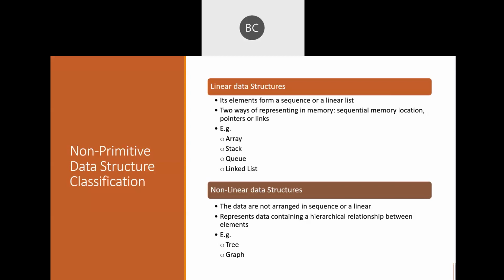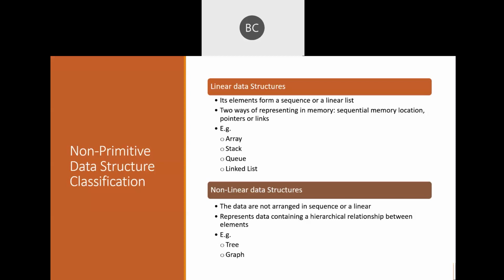And for nonlinear data types, as already mentioned, there are two types. Examples are tree and graph, and these are not arranged in a sequential manner. One node can be here and another node stored somewhere else, just that there are some relationships between those nodes.